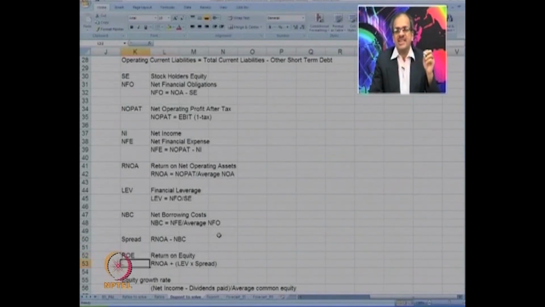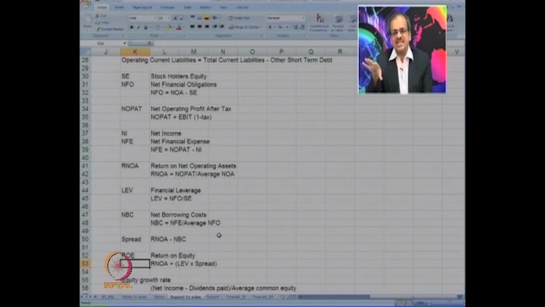One more is ROE, which you know, return on equity. It is calculated as RNOA plus leverage into spread. If you remember, earlier we calculated ROE as PAT, that is profit after tax, upon the owner's fund.